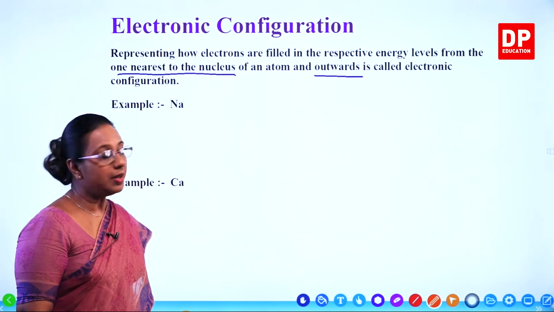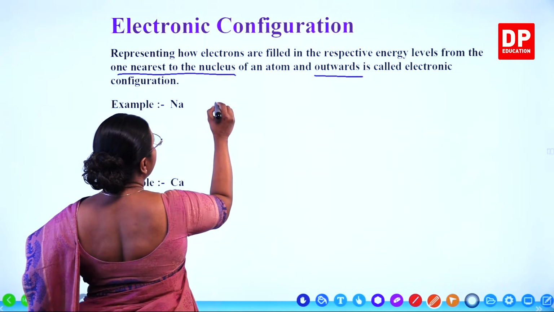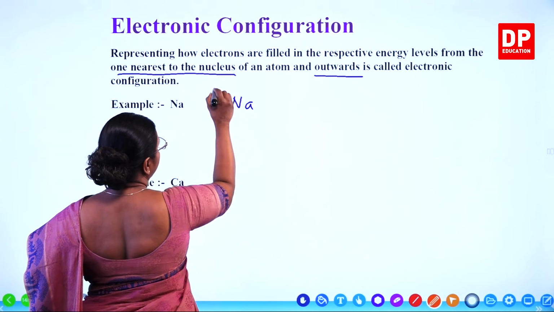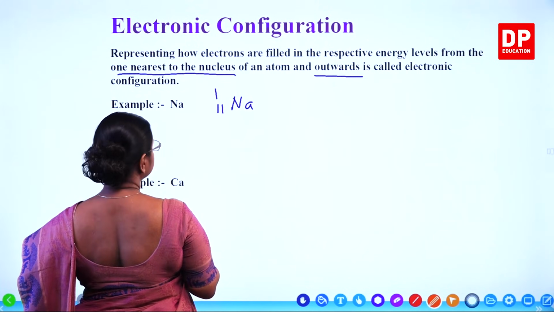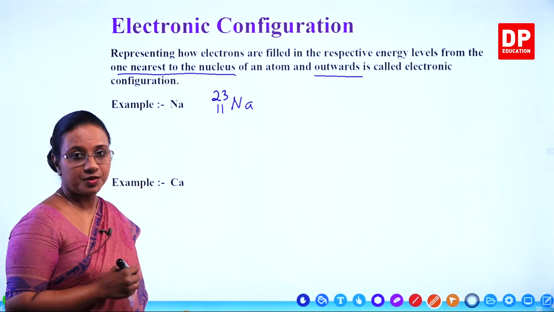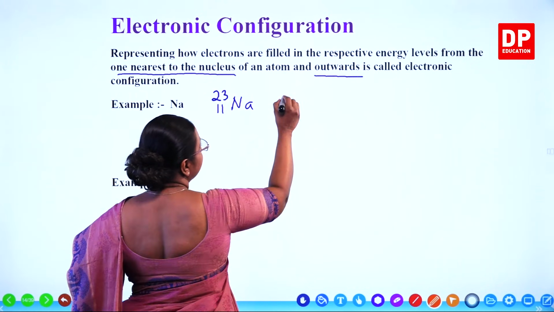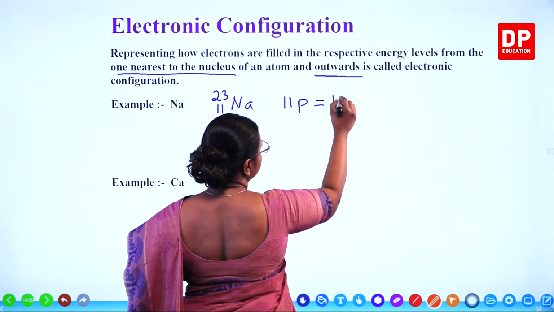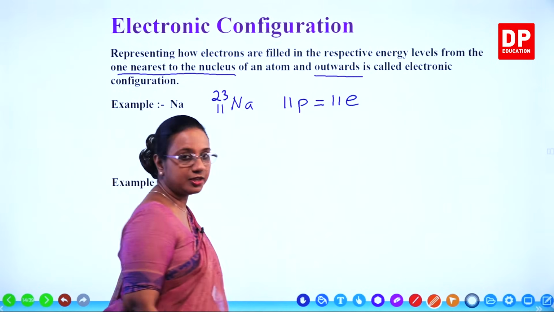The sodium, by now you all know, has atomic number 11 and mass number 23. So that means there are 11 protons, that is equal to the number of electrons.